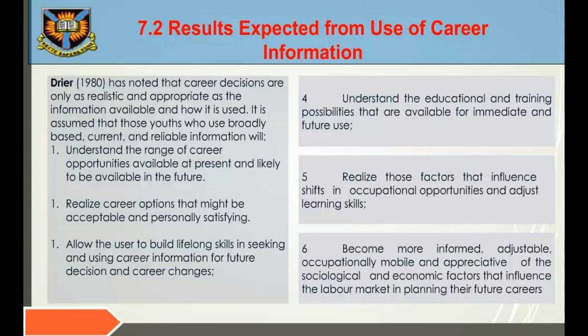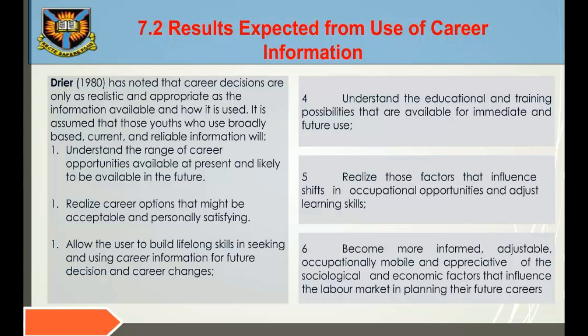Understand the range of career opportunities available at present and likely to be available in the future. 2. Realize career options might be acceptable and personally satisfying. 3. Allow the user to build lifelong skills in seeking and using career information for future decision and career changes.